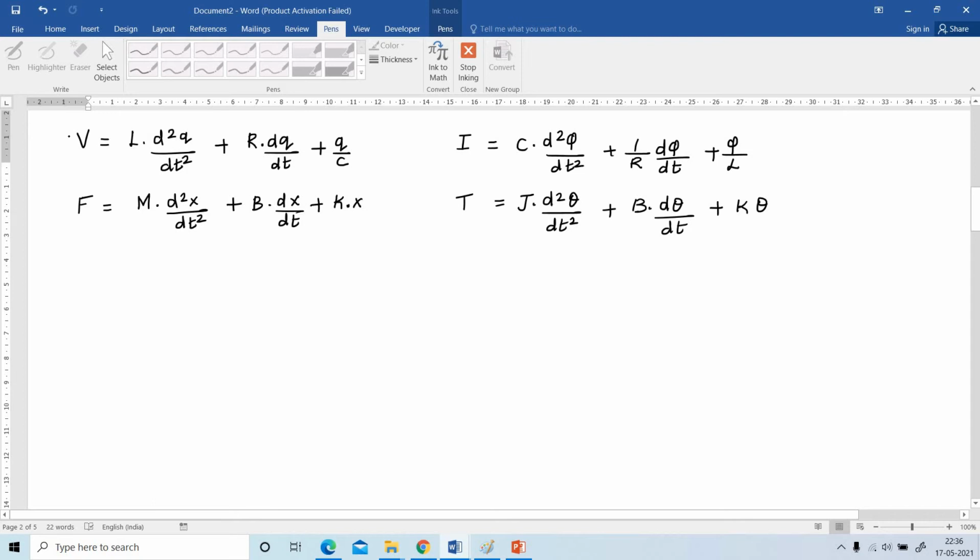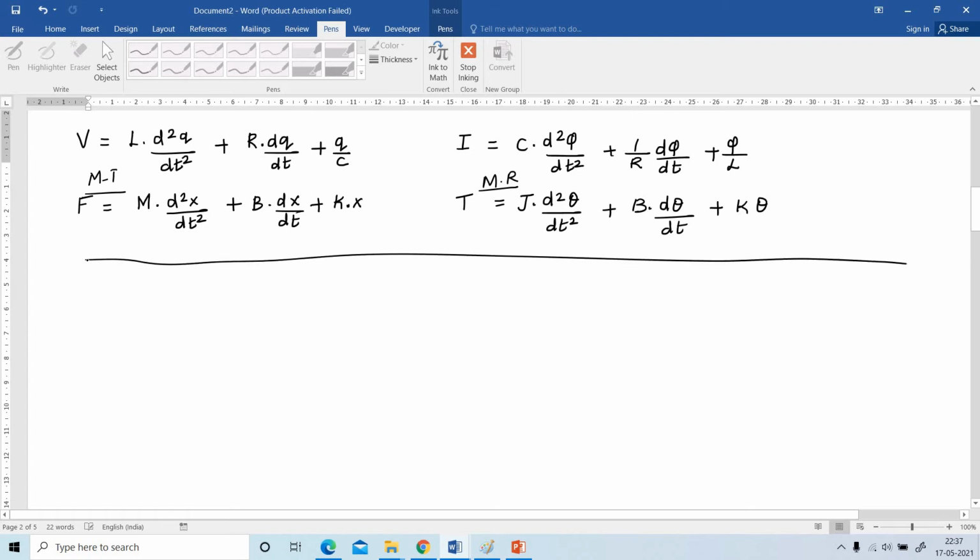Now I am going to compare the voltage equation with the force balance equation for the mechanical translational system as well as the mechanical rotational system. Next, I am going to compare I with the mechanical translational and mechanical rotational systems. So I am going to draw a table that gives a clear idea about the force voltage analogy as well as the force current analogy.